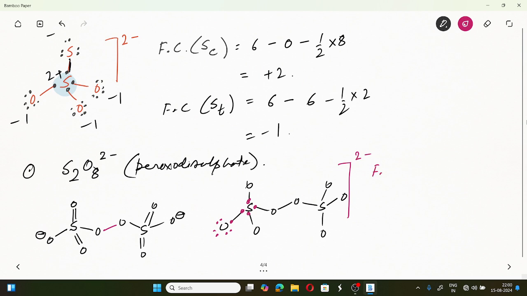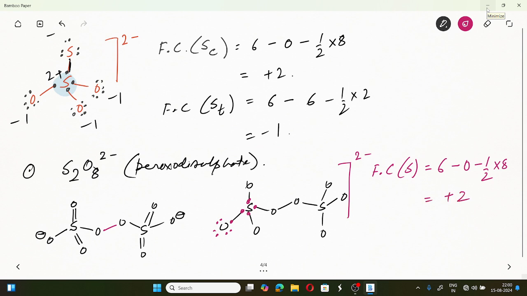So if you want to calculate the formal charge over sulfur, this is 6, the number of valence electrons, no lone pair electrons, half into the number of bonds. See how many bonds are there around this sulfur? There are 4 bonds. That means there will be 8 bonded electrons. So it will be +2.